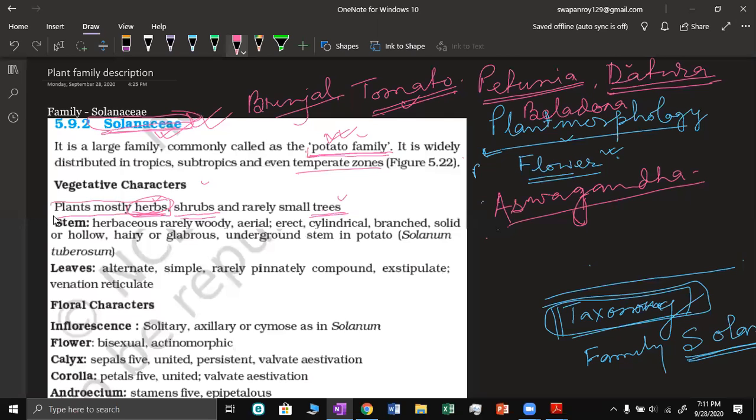Okay, so this is the end point. Here the description of the root has not been given. Root is a taproot system.